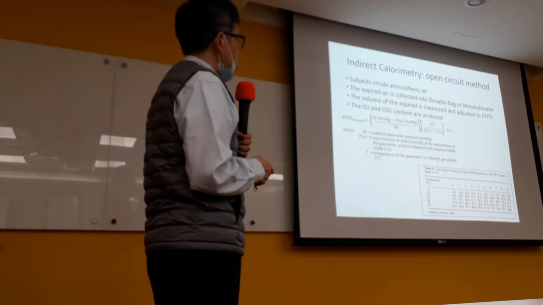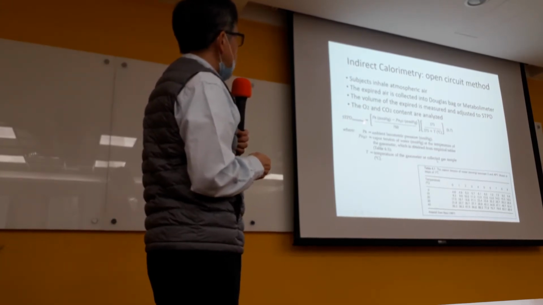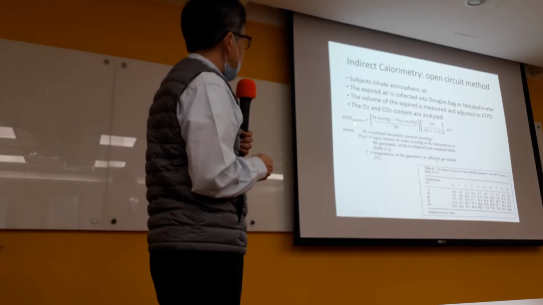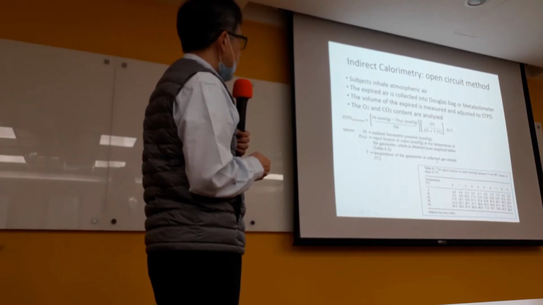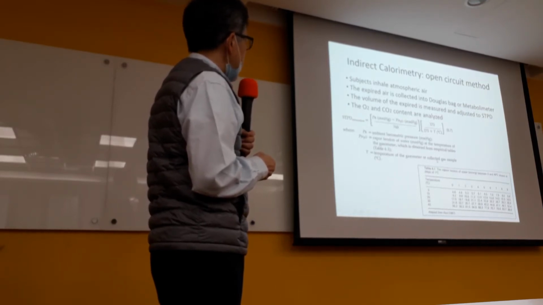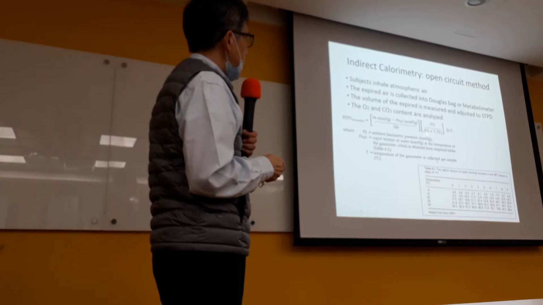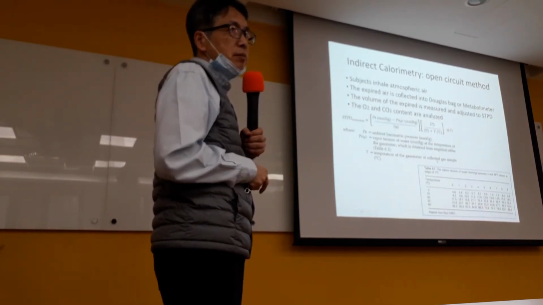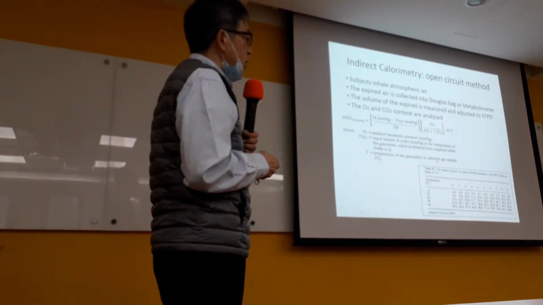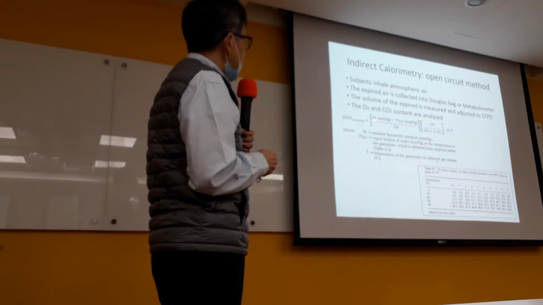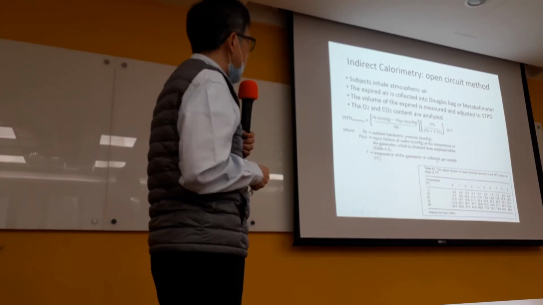Usually we do this STPD correction. You use this formula. Okay, 273 divided by 273 plus the temperature at the measurement moment. And then PB is the barometric pressure at the measurement time.